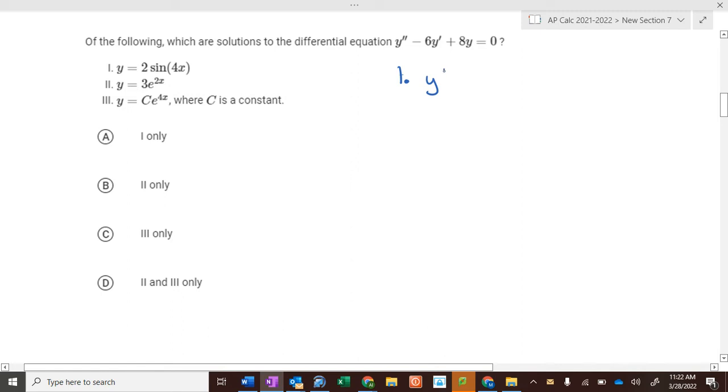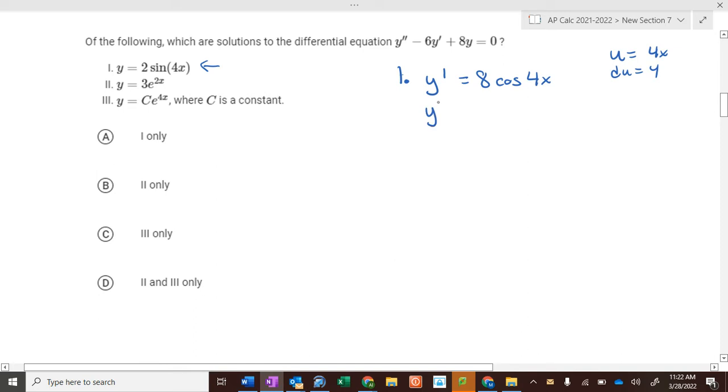Okay, u equals 4x, du would equal 4, so it'd be 8, and then the first derivative is 8 cosine of 4x.